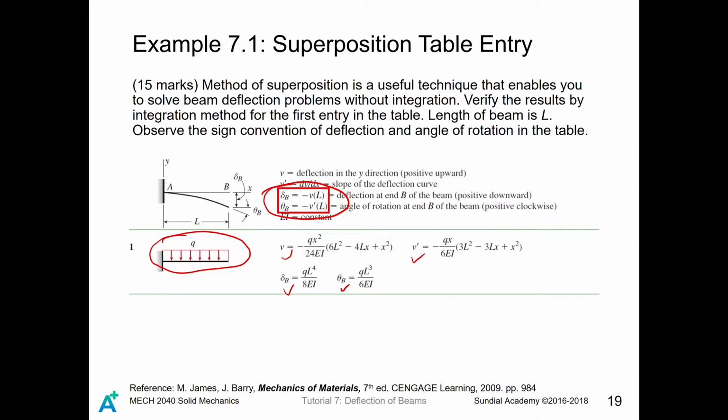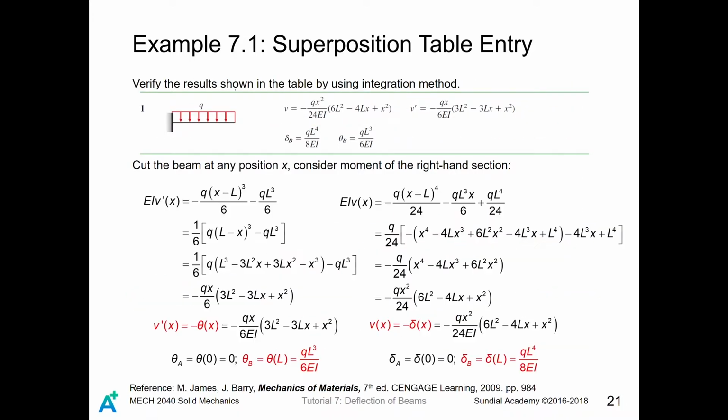But when talking about the deflection, we count downward as positive, so no worries about it. So here are just some steps showing you how to prove all those things. I leave you to read them yourself.